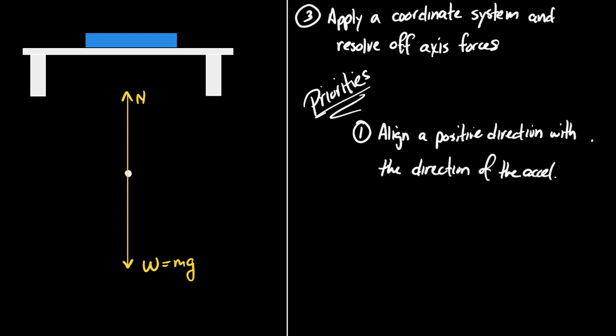It doesn't matter if it's X or Y. If you can't do that, or if your object's not accelerating, then your next priority is to align the coordinate system with as many forces as possible.